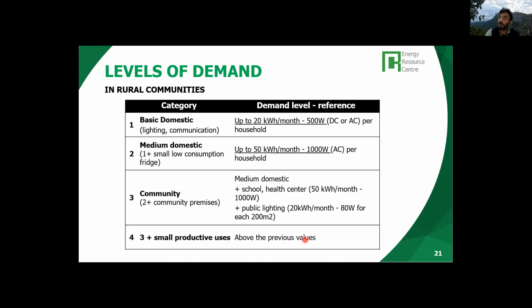Community demands could be school, health center, public lighting, etc. And then productive uses could vary depending on the economic activities of the community, and that will be above the previous values. These are just references you can keep.